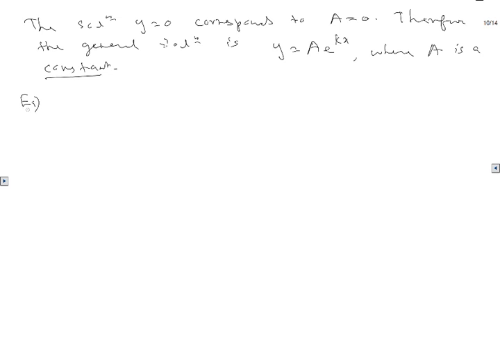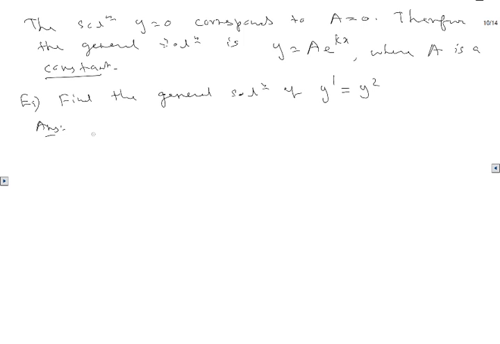So how about this? Find the general solution of y prime equal y squared. Again, because you need to make it upside down, you always need to check whether that term is not equal to 0.